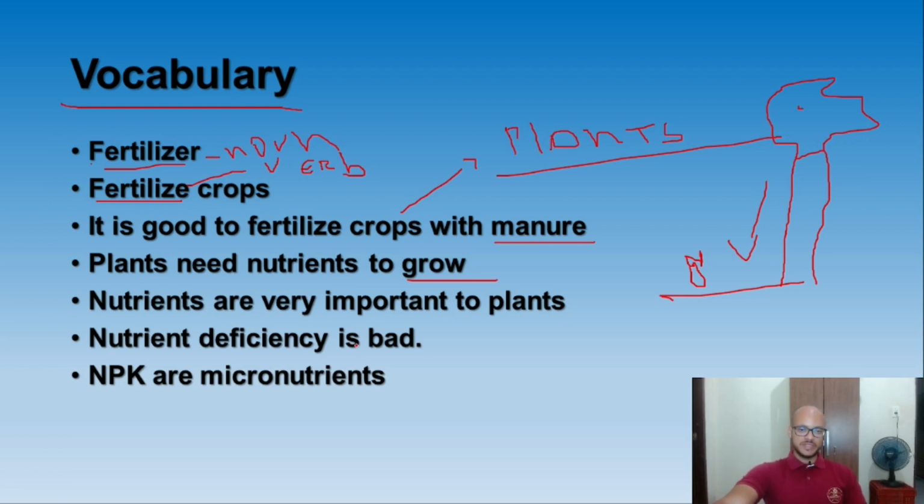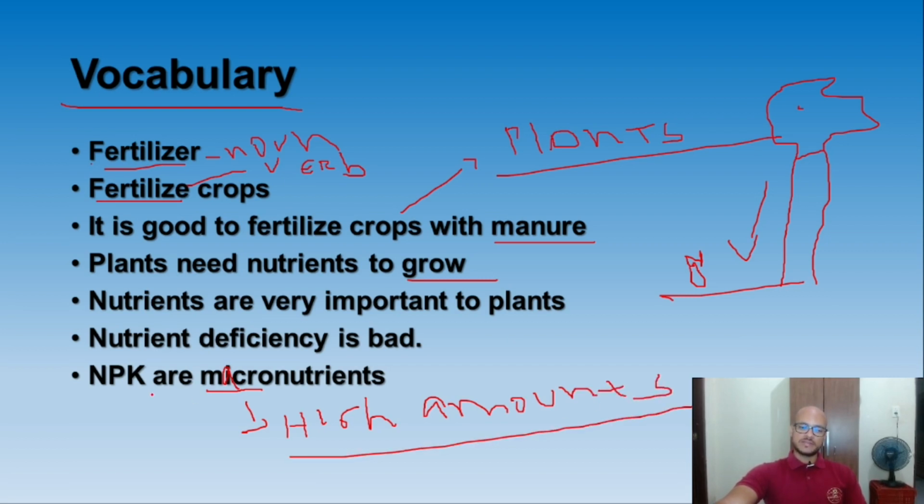Nutrient deficiency is bad. And finally, NPK are macronutrients. It means macro because the plants need them in high amounts or quantity, high amounts. It means like a lot of fertilizer.